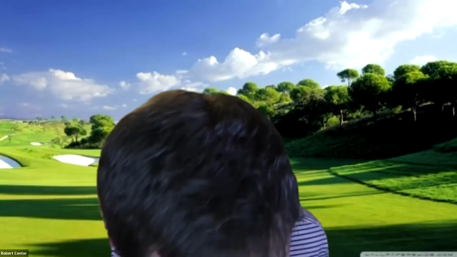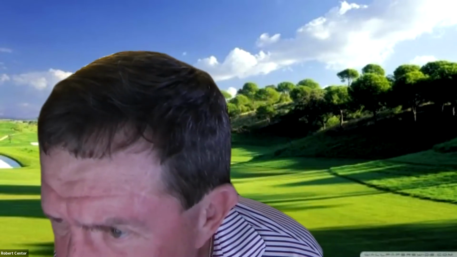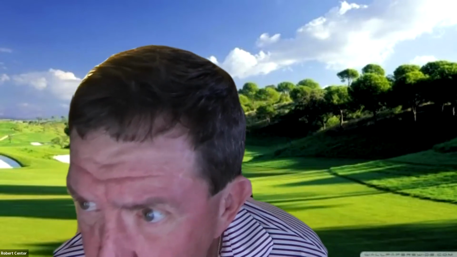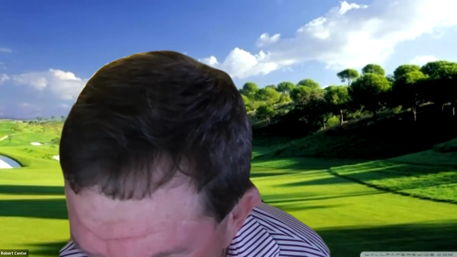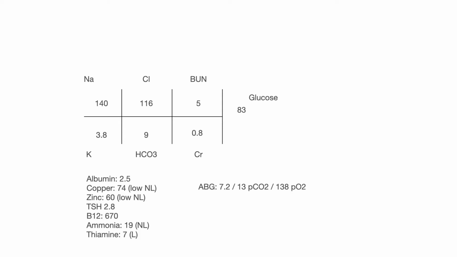So here are the lab data. Drew, if you could write the labs down in the chat so everybody can see them, I'd appreciate it. Sodium 140, potassium 3.8, chloride 116, bicarbonate 9, BUN 5, creatinine 0.8. Okay, so you can put those down, and then I'll give you the other numbers that are important.